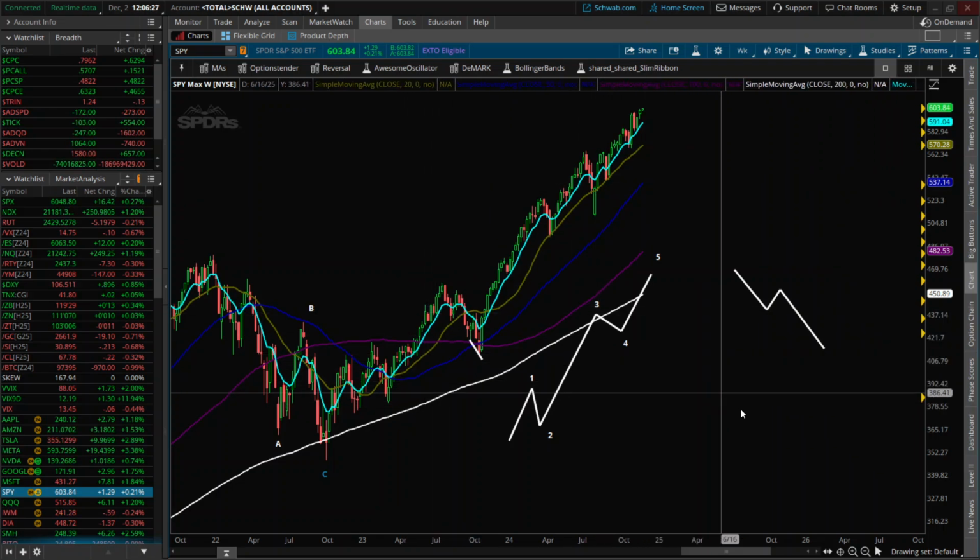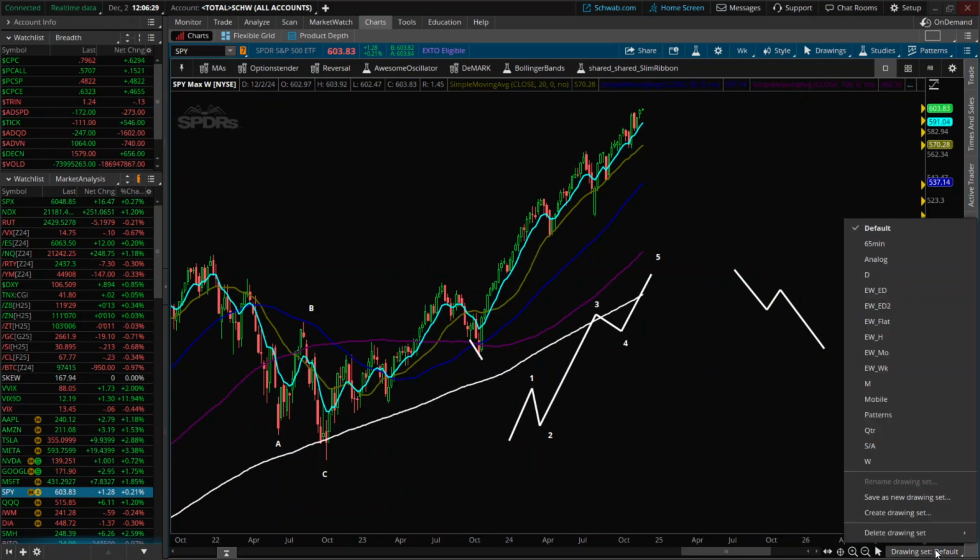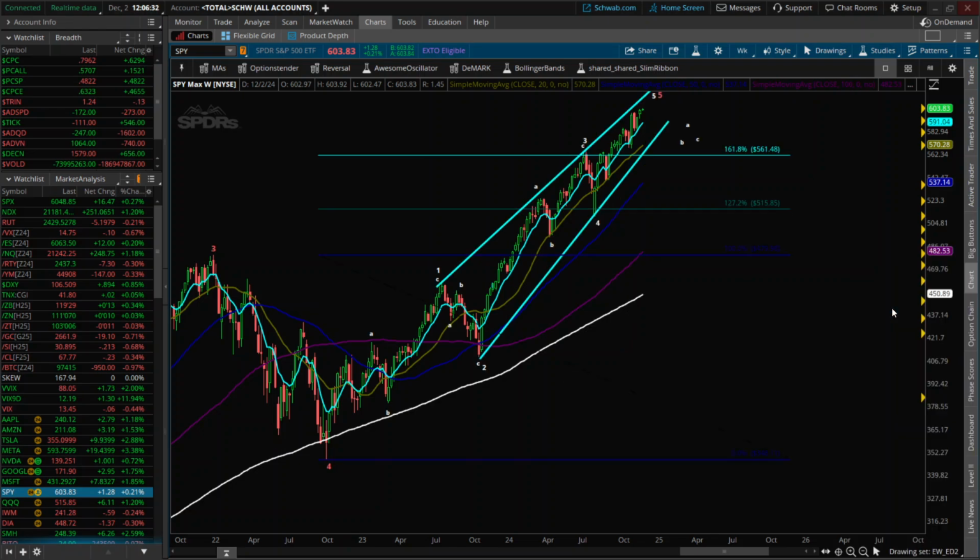And so now we'll talk about this ending diagonal that we're in right now. Of course people can look at it in different ways and count it in different ways. That's why it's so speculative. But with the match between this wedge and what we're counting, it just makes sense to put it together. So we're getting a 3-wave move for a 1. And remember, this is a 5-wave move, but this is an ending diagonal, so all of the waves are made up of 3 waves.